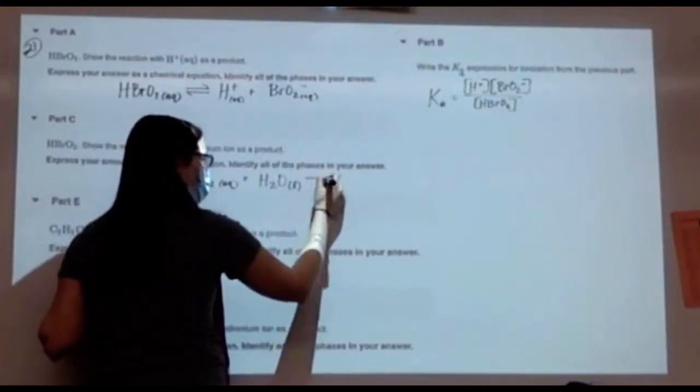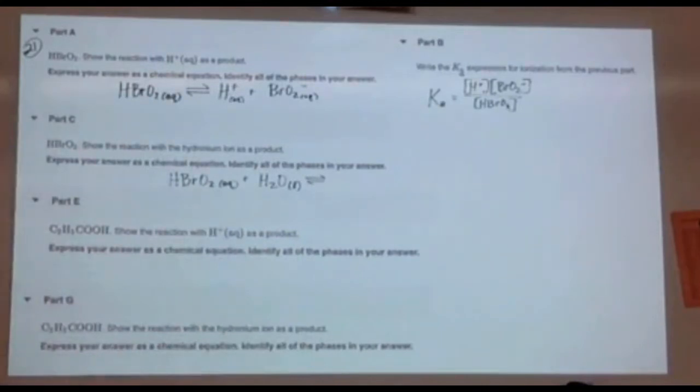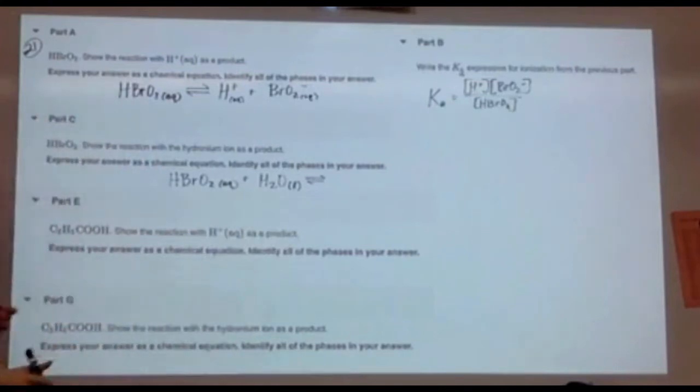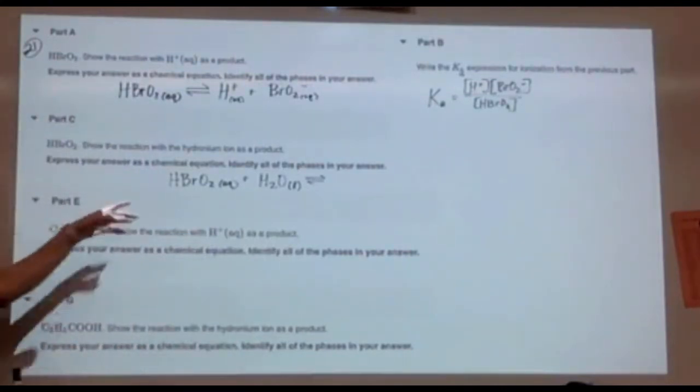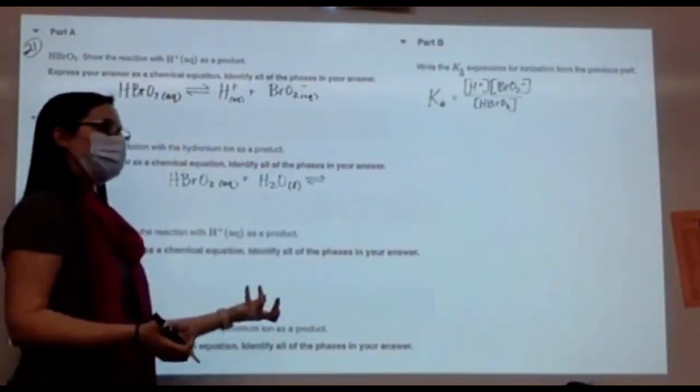Water's a liquid. Still is at equilibrium. So this is actually the full ionization equation. The actual ionization equation shows the acid reacting with water. And by reacting, the acid is donating its proton to the water. Water is accepting the proton.